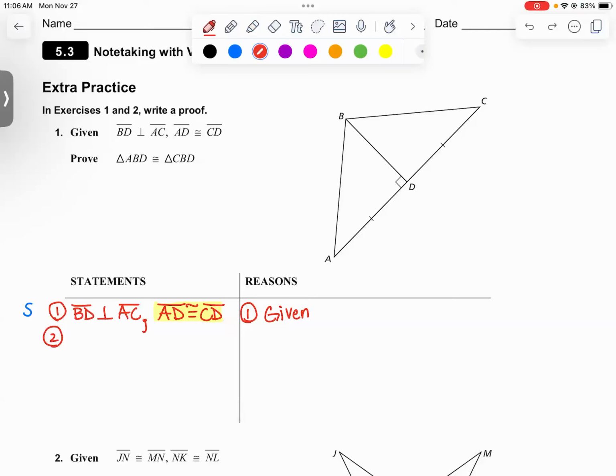I mean, can we go from perpendicular to two 90-degree angles? Would that be linear pair? We would just say definition of perpendicular. We know that perpendicular means we're intersecting at a 90-degree angle. So we could say that the measure of angle BDA equals 90 and the measure of angle CDB equals 90. Definition of perpendicular.